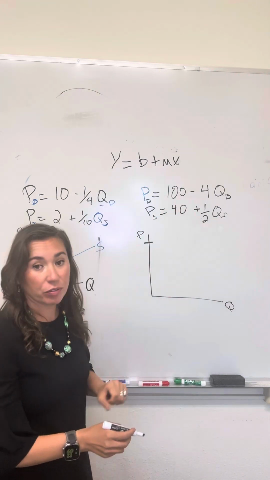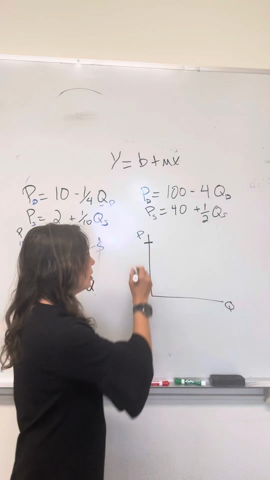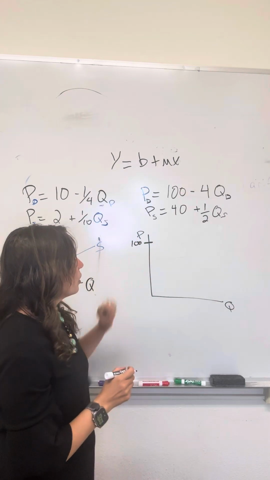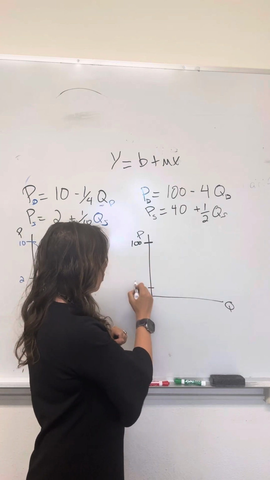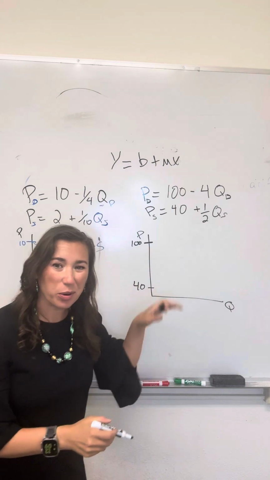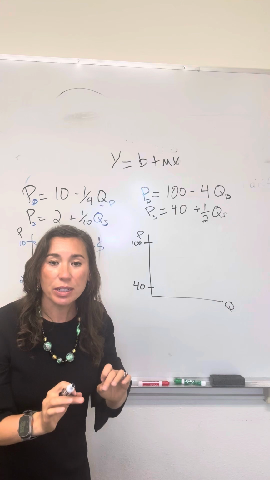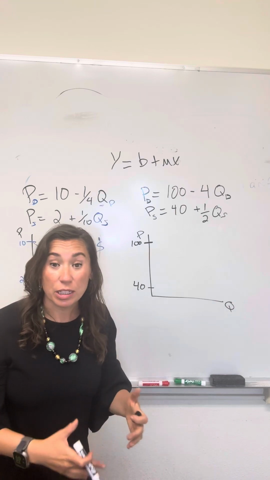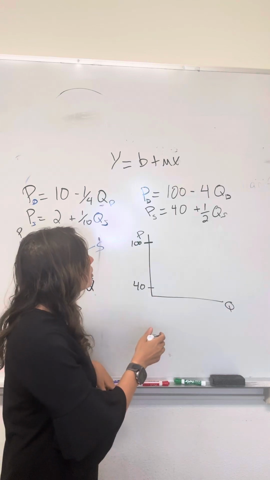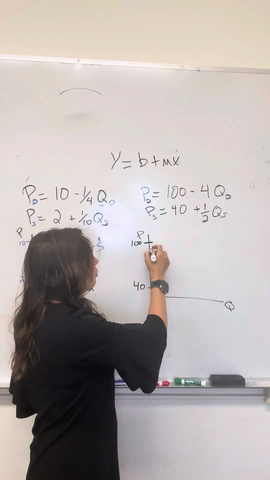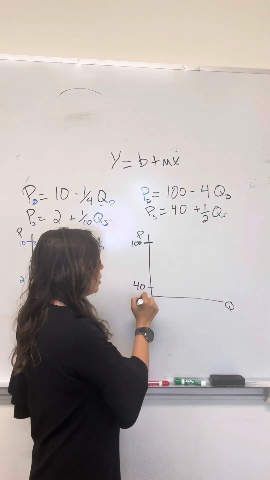Now, where does the demand function start? At 100. So we want to start at 100 for demand, and then I always like to mark off where I'm starting at 40. Notice I'm not worried about drawing to scale. What I really care about is how these interplay with each other relative to one another. And so this is saying that the demand function is down 4 over 1.